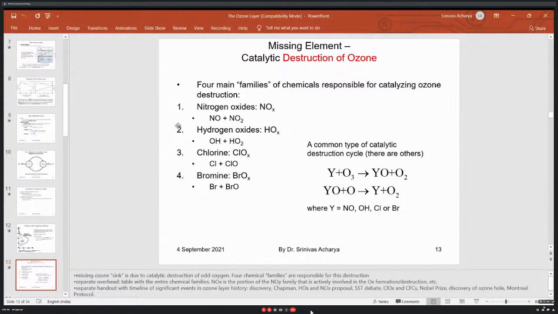First, you can see here, in the presence of oxides of nitrogen, or hydrogen oxides or hydroxyl free radical, or chlorine free radical, or bromine free radical. These free radicals, which you can denote here as Y, have the impact of breaking the ozone into its oxide and molecular oxygen.